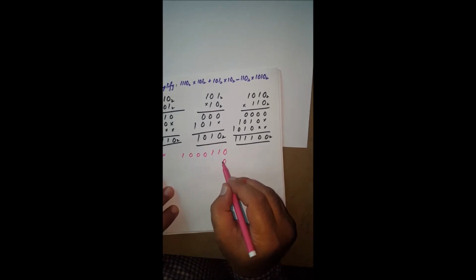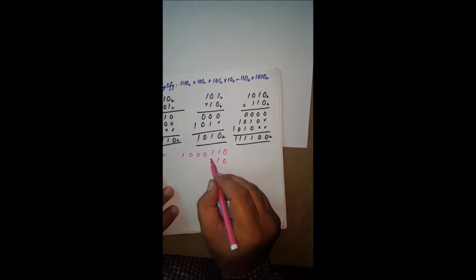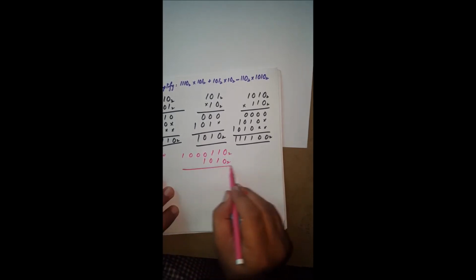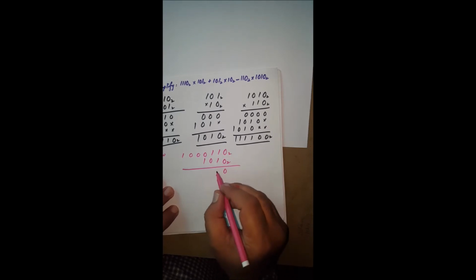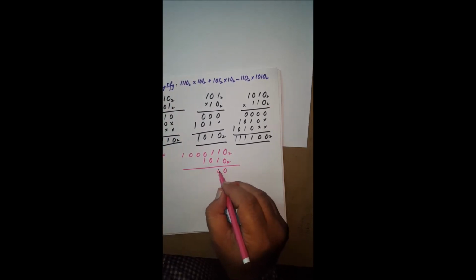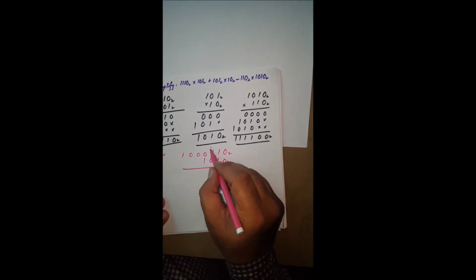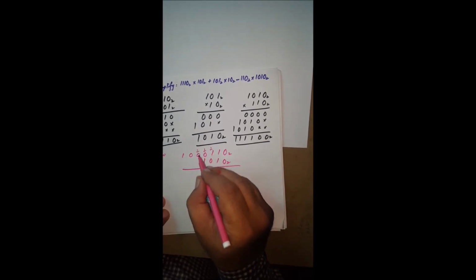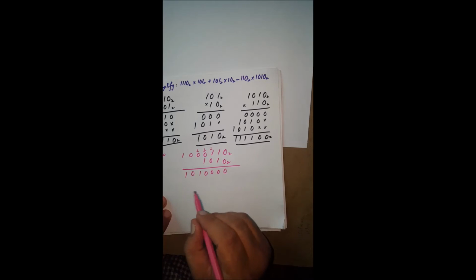We have to add 10101. 0 plus 0 is 0, 1 plus 1 is 2, 2 means 10, 0 and 1 carry. 1 0 1 0, 1 carry, 1 0 1.